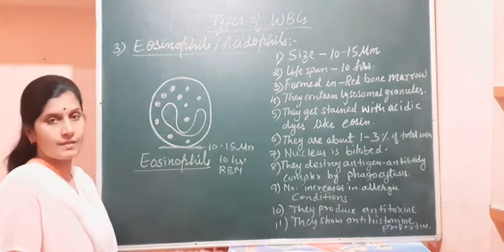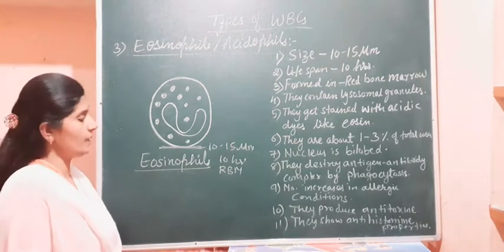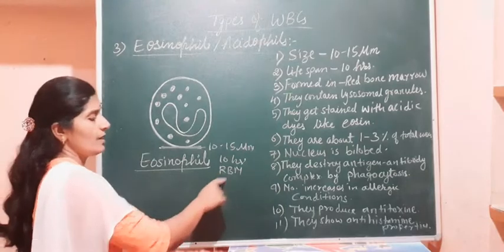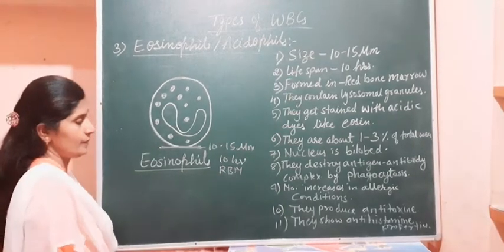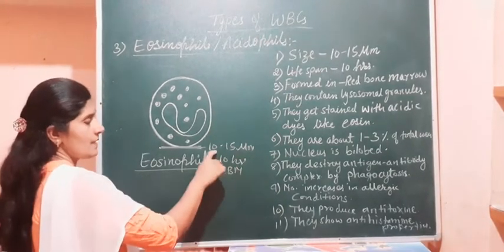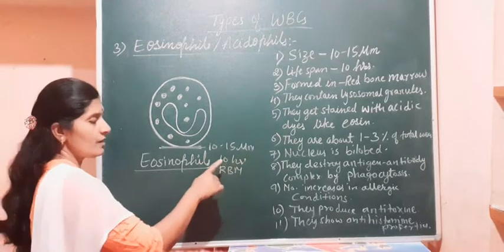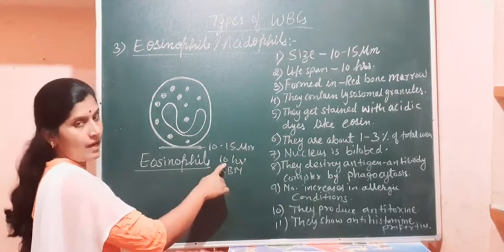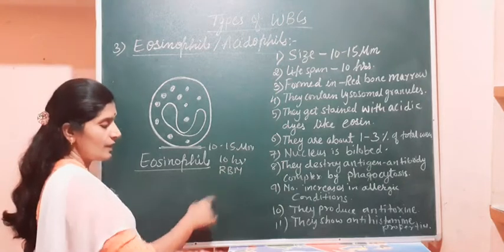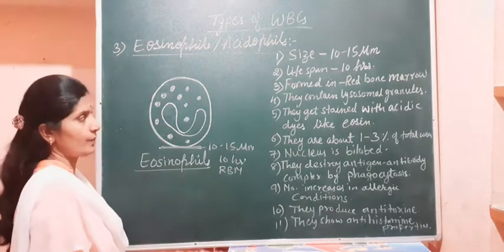All the cells, neutrophils, acidophils and basophils, are formed in the red bone marrow.